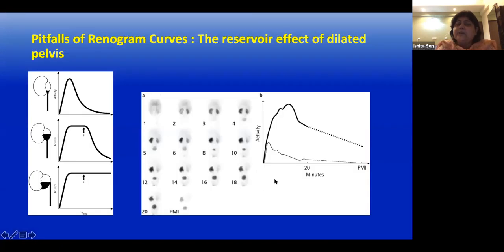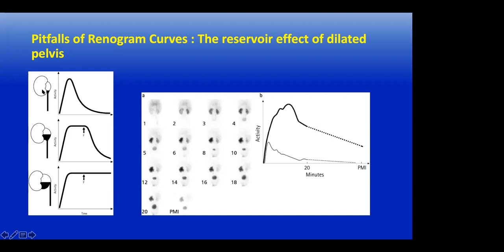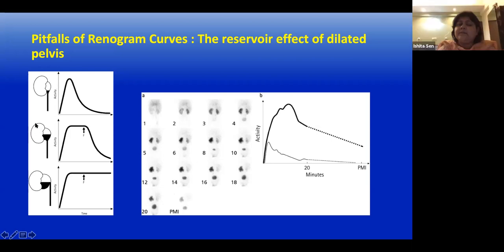Now, there are pitfalls to these renogram curves. One of the most common pitfalls is, as I mentioned before, a capacious pelvis, where you have a large pelvis where the radiotracer keeps filling in. Because of that, there may be a change in the renogram pattern, and this is called the reservoir effect.